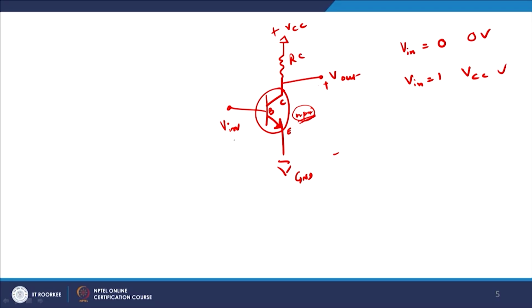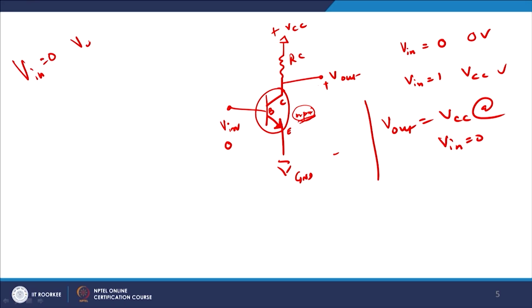Now, when my V in equals 0, then my base emitter junction is cut off, and therefore no current is flowing, no IE is flowing, and therefore no current will be flowing through the circuitry, and my V out will therefore equal VCC. So, when my V in equals 0, my V out equals VCC.